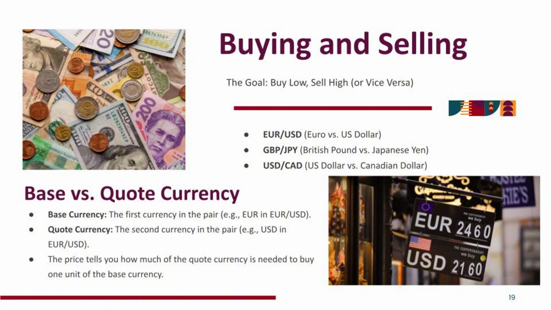So we'd see price go up, meaning we would need more US dollars to buy 1 euro. But if we think that the base currency will weaken, or the quote currency, which is the US dollar in the EUR/USD pair, is going to strengthen, then we'll see price go lower, meaning we'll need fewer US dollars to buy 1 euro. Hence, we would want to sell the pair if that is our trading strategy.